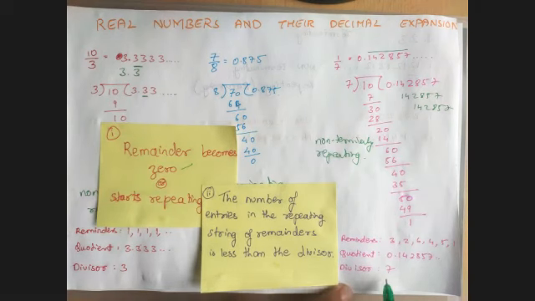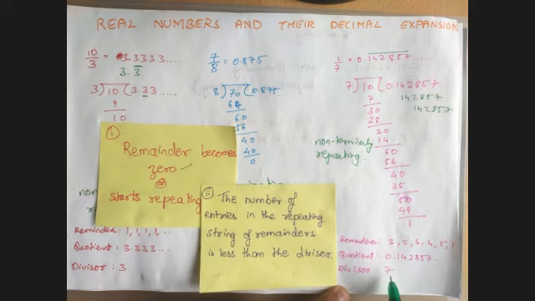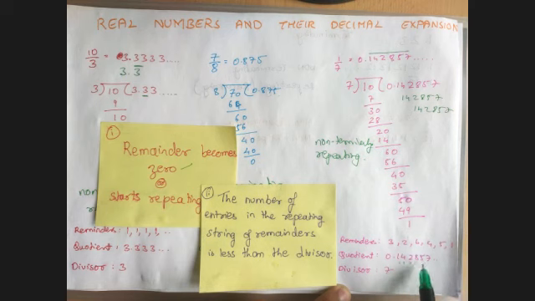If we look at the divisor here, the divisor is 7. And if you look at the quotient, the number of digits repeating is 1, 2, 3, 4, 5, 6. So the number of repeating digits will not exceed the divisor.